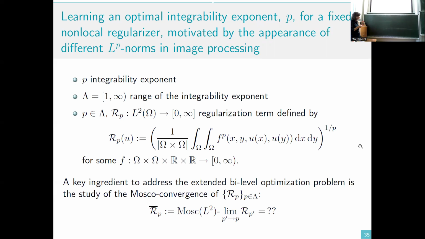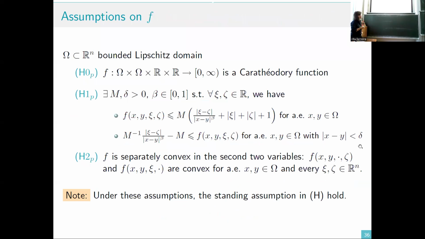These are double integral functionals. And again, if we want to go over our procedure, a key step, as before, is to address the Mosco L2 convergence. Before that, of course, to have the Mosco convergence as before, we have to have some assumptions.